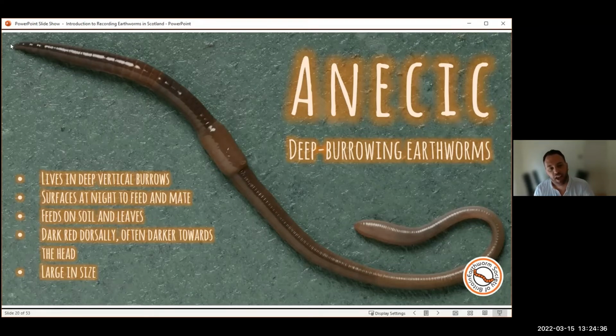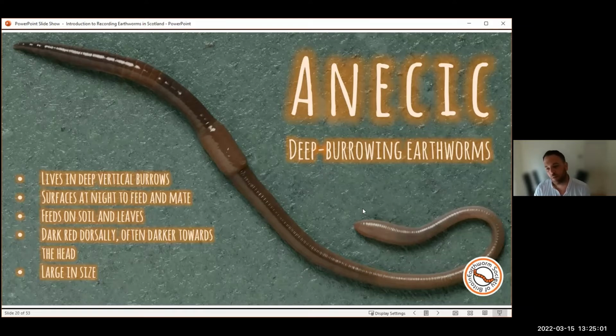And I can tell this is the head end because it's nearest to the saddle. The tail end is always further from the saddle and the head nearer the saddle, usually about a third of the way along from the head in British earthworms. So they're often much darker towards the head end and they're much darker dorsally. So on their back, their underside might be a bit paler and much paler towards the tail.